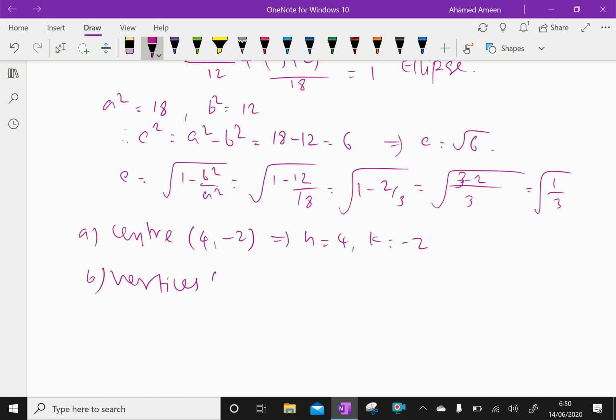Next, the vertices are h comma k minus a and h comma k plus a.